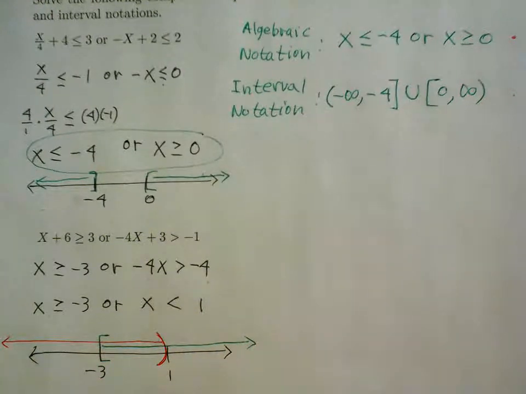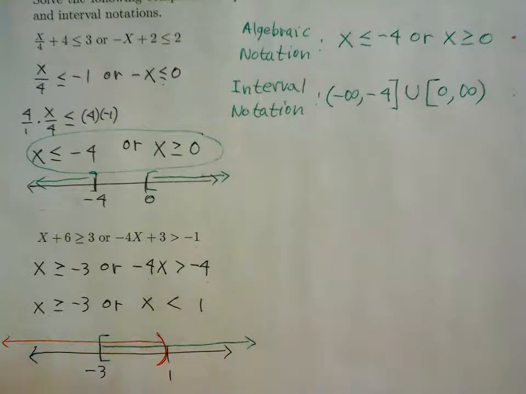Okay, so the solution is the set of numbers that is in at least one of the two sets. So what's the solution set? Yeah, all real numbers are solutions. As long as a number is in one of the two sets, then it's a solution.